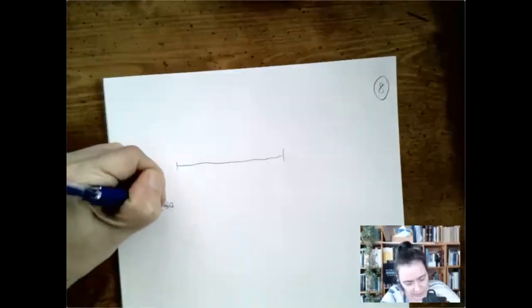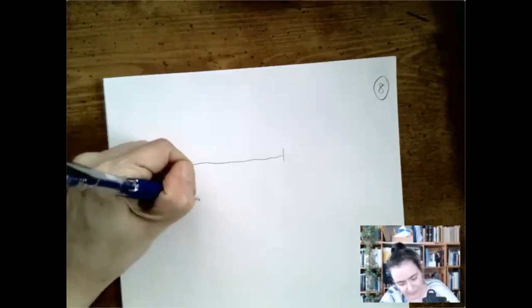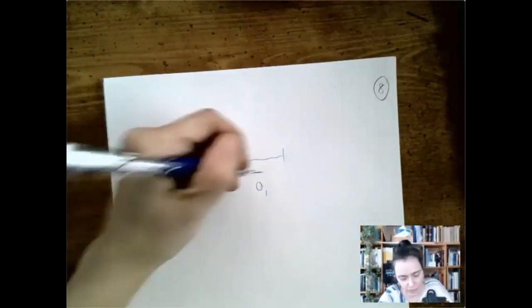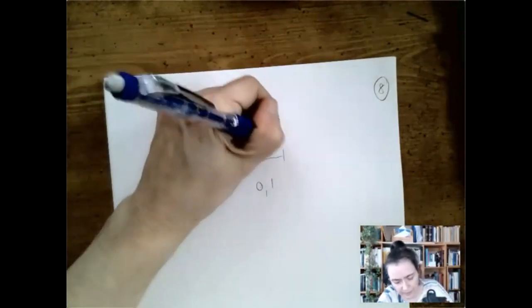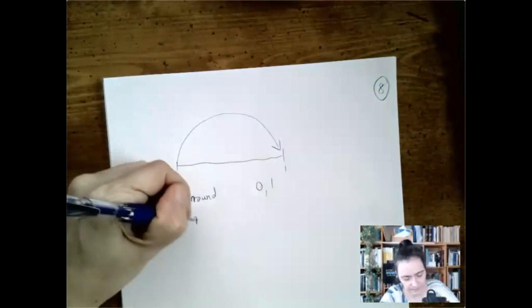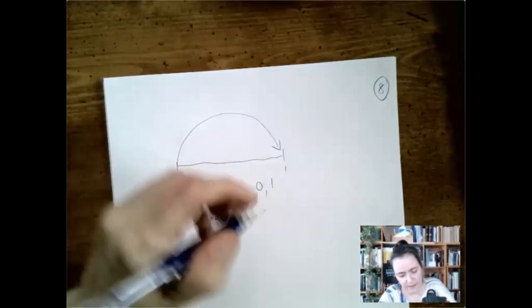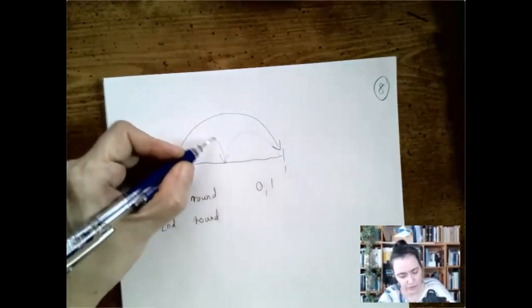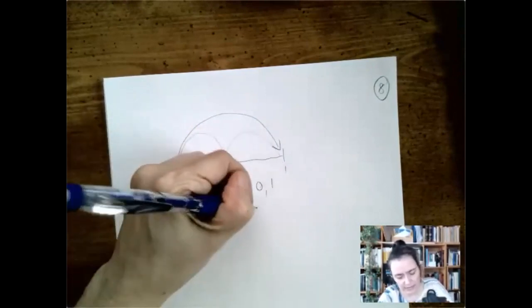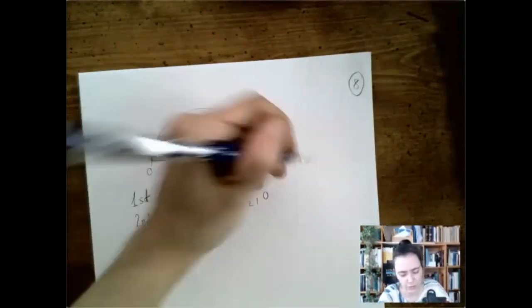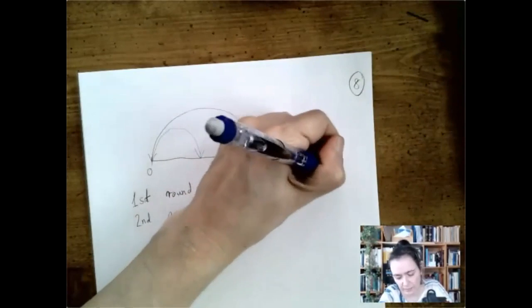The first round, the flea starts at 0 and lands on 1. The second round, it starts at 1 and it's going to take 2 equal jumps to go back. So it's going to start at 1 and then a half and then 0. But I'm just going to turn them around and say 0, half, 1.